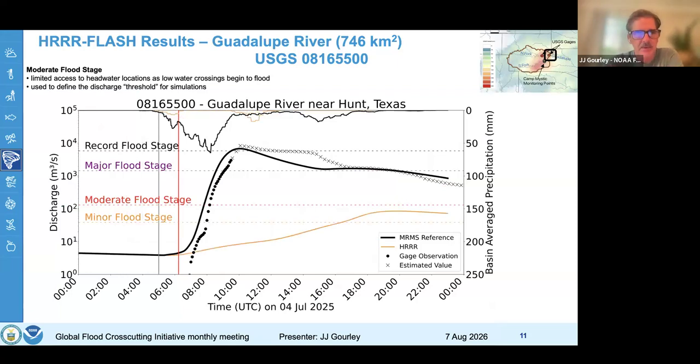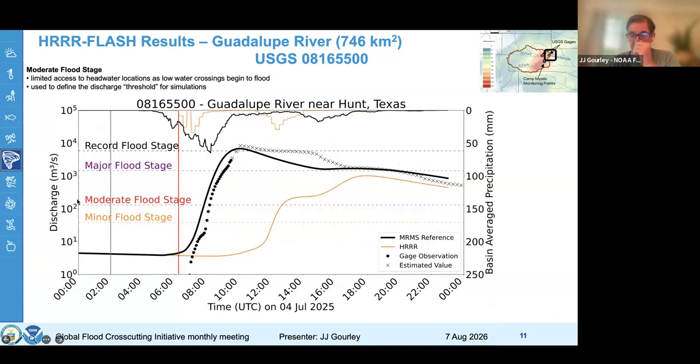Okay, so now we're going to start with the HRRR, or the High-Resolution Rapid Refresh. This vertical gray line moving from left to right shows different forecast initializations. Early on is 0Z, which is 7 p.m. local.